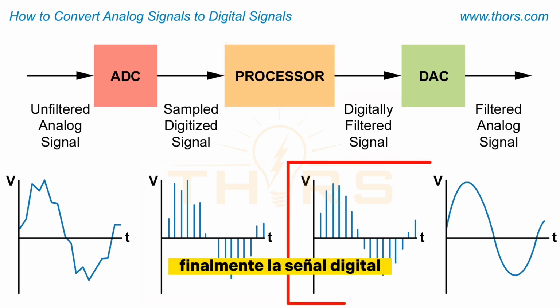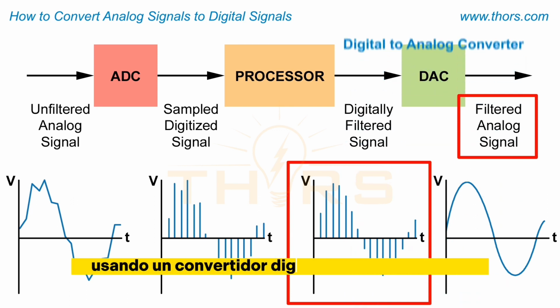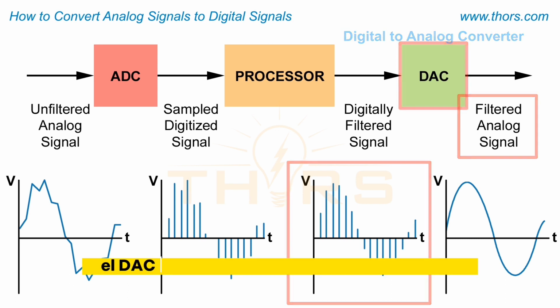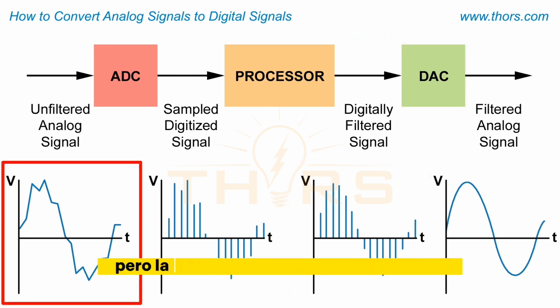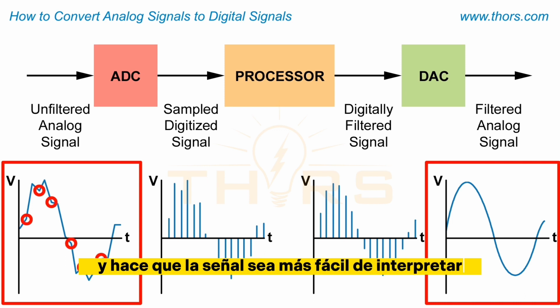Finally, the digital signal will be reverted back to an analog signal using a digital to analog converter, or DAC. The DAC will reproduce the original analog signal, but the new analog signal will be filtered, which reduces the electrical noise and makes the signal easier to interpret.